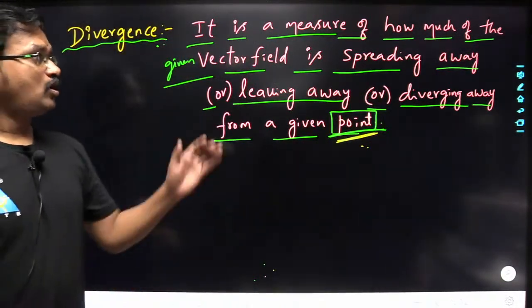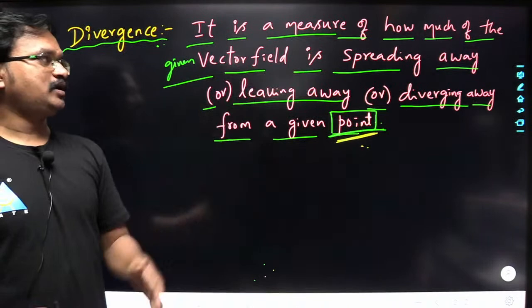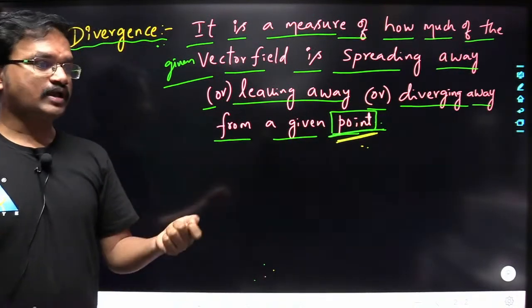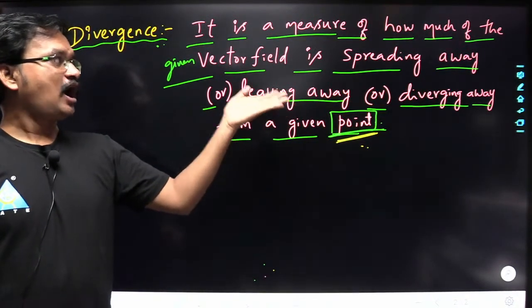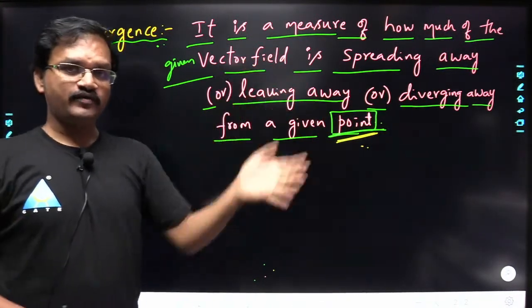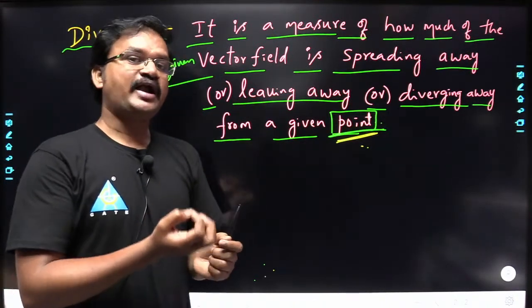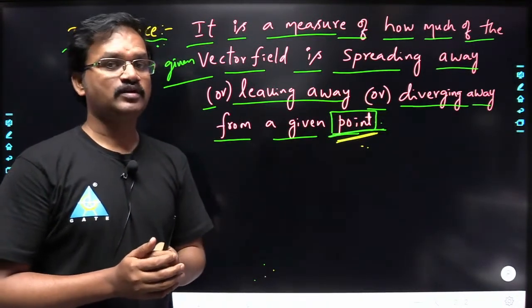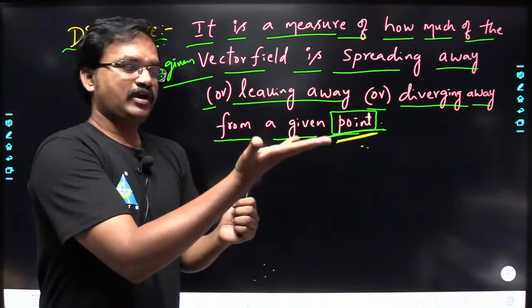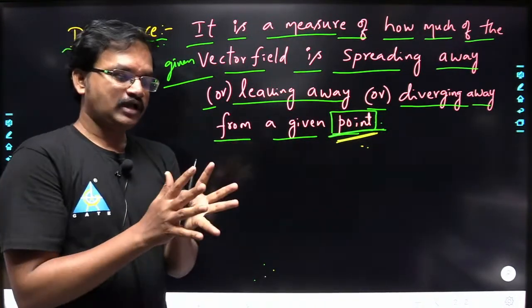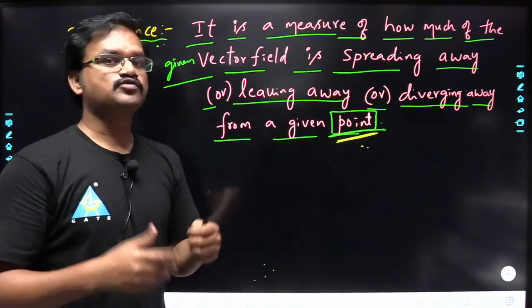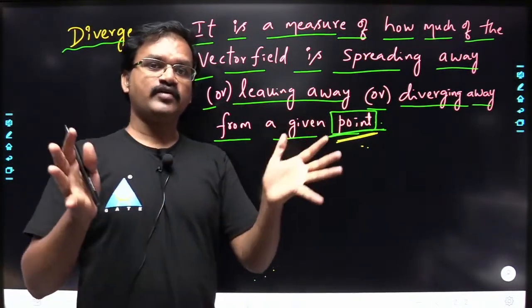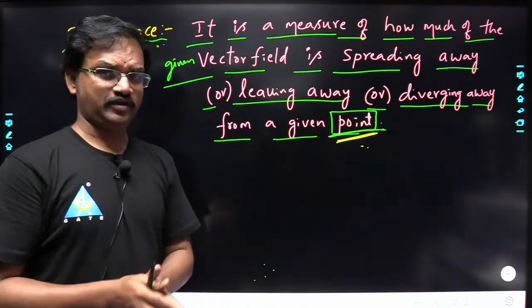What do you mean by this statement? Whenever you are calculating the divergence, you are measuring how much of the given vector field is spreading away, leaving away, or diverging away from the given point.